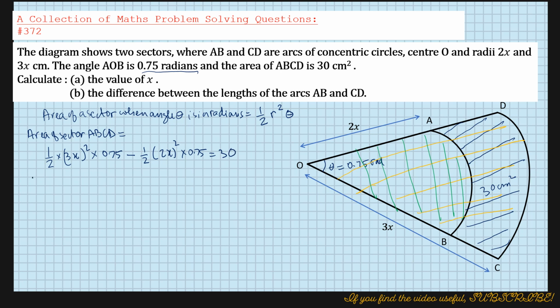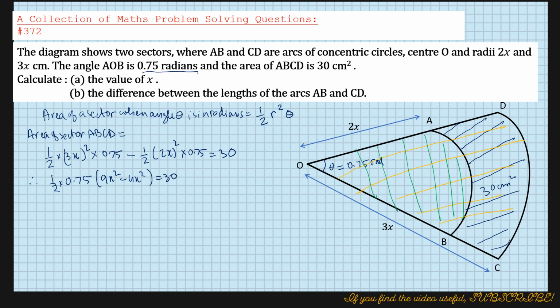So we can write half times 0.75 outside the bracket. Within the bracket I can put 9x squared from 3x whole squared, minus 4x squared, and that is 30.